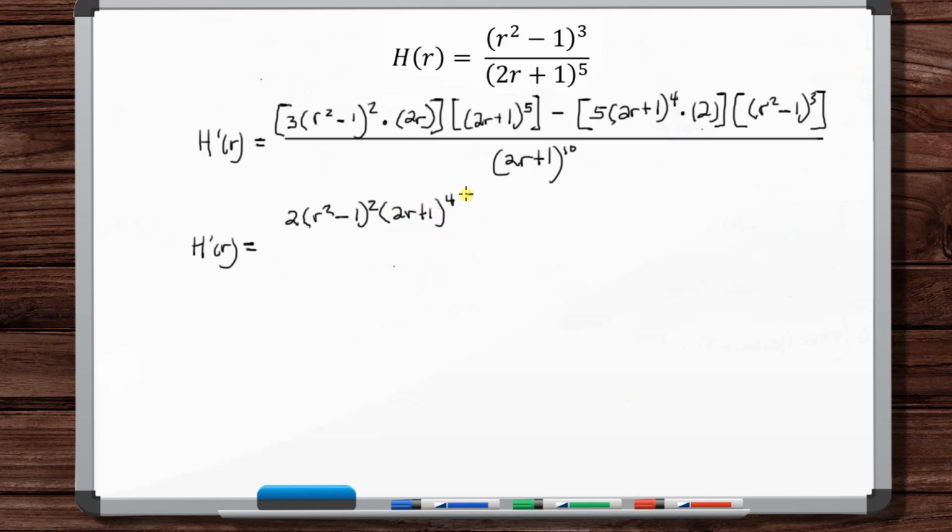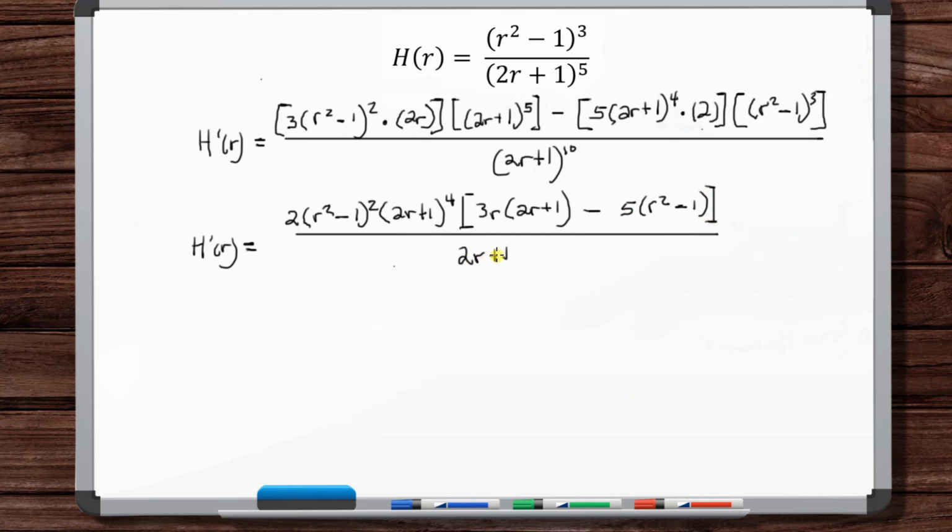All right. So now let's just write what we have remaining. Okay, so these (2r plus 1) to the 4th cancel, and we're left with (2r plus 1) to the 6th in the denominator. All right, now let's distribute all of this and simplify.